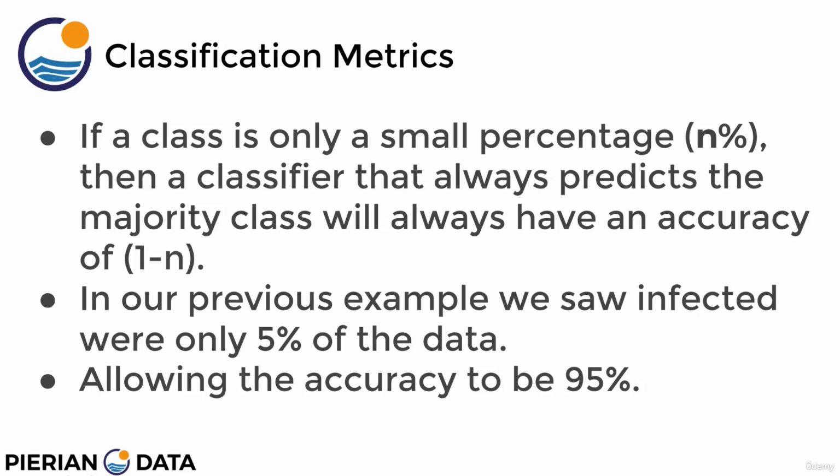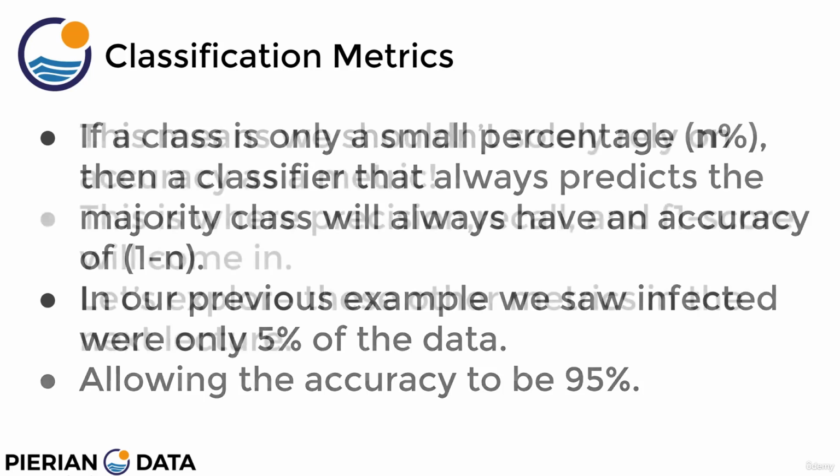And again, many real-world datasets have imbalanced classes. So for example, if only 3% of credit card transactions are fraudulent, and we have a model that tries to detect fraud, but accidentally always predicts every transaction as legitimate, then we would just say 1 minus 0.03, or 97%, and that would actually lead our model to say that it's 97% accurate at figuring out whether something is fraudulent or legitimate.